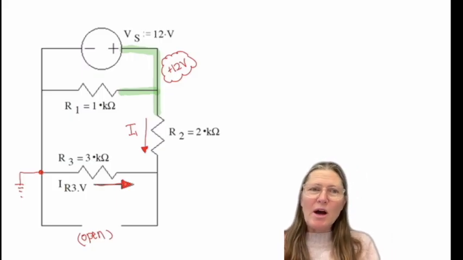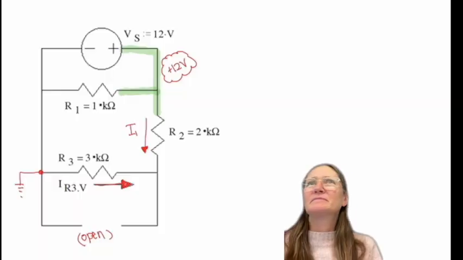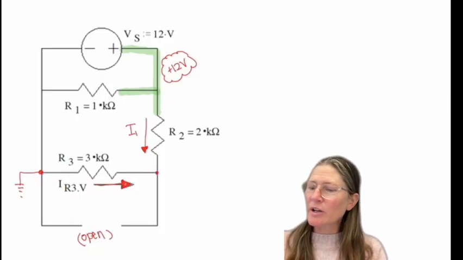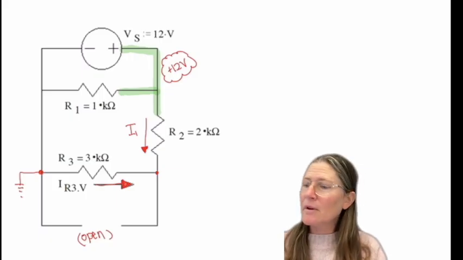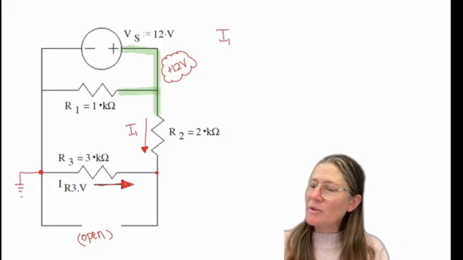What do you notice about I1 and IR3.V? Okay, so they're going into the same node, both directions, right? So what does that mean? Since it's open, one's the opposite of the other. Correct. One is just opposite of the other.